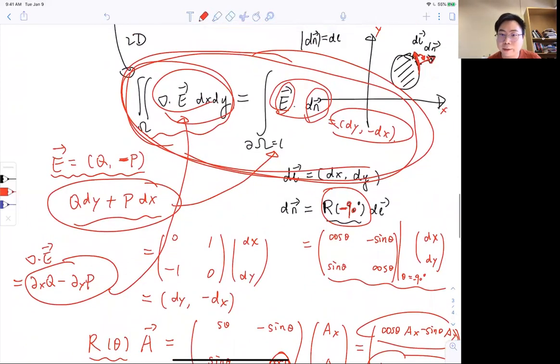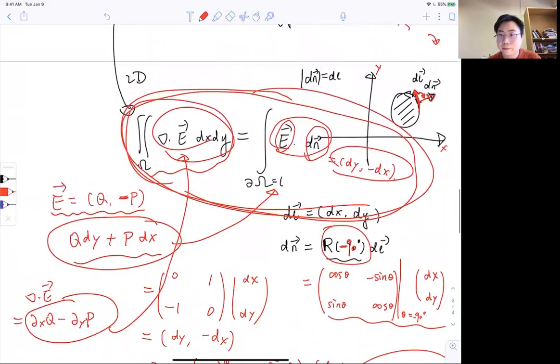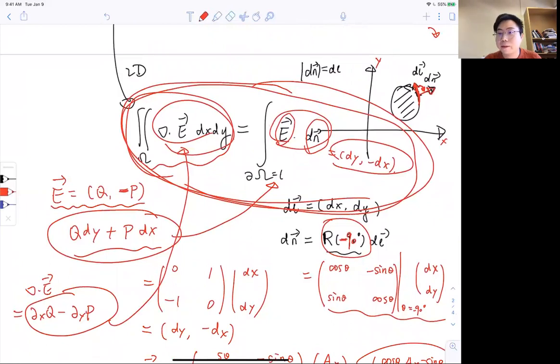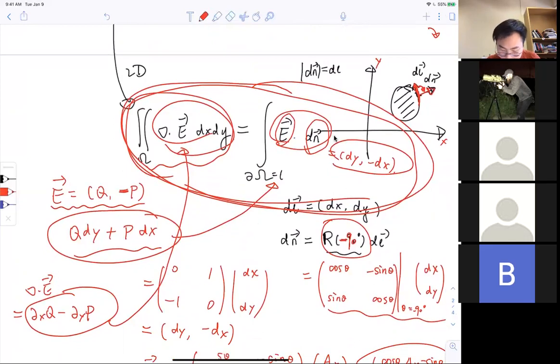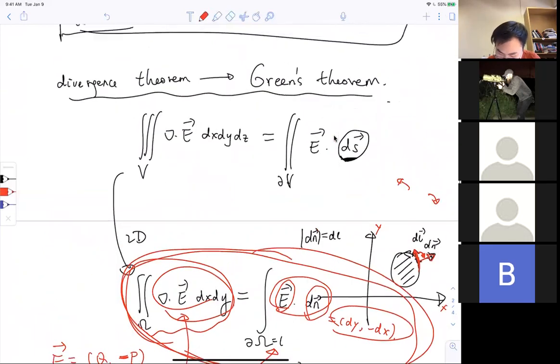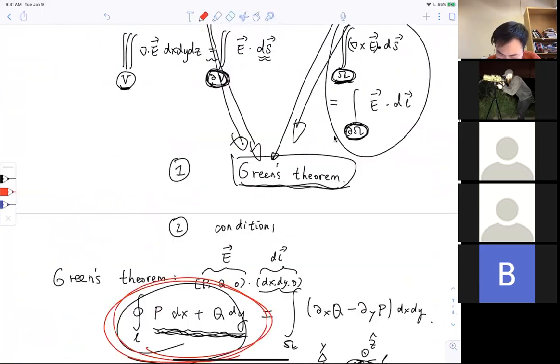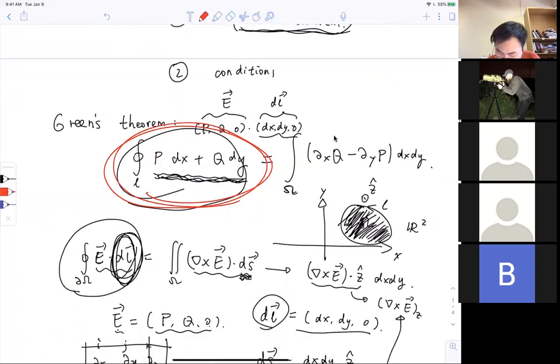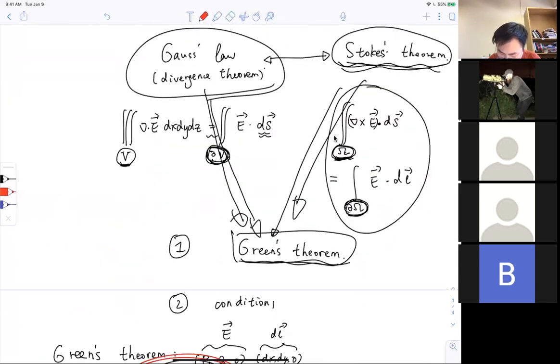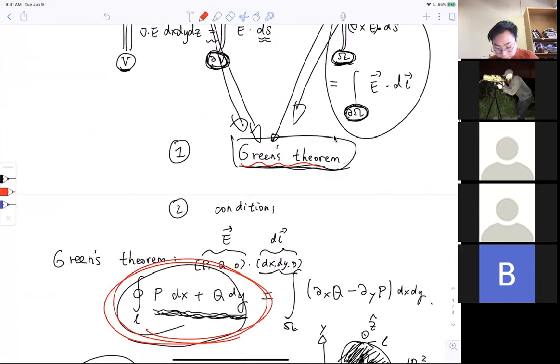Yeah, is it clear? Okay, thanks for the response, I guess. So here I just gave you two simple derivations of Green's theorem, from the Stokes theorem and the divergence theorem respectively.